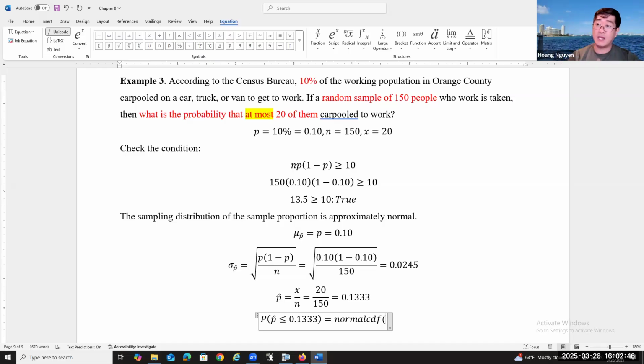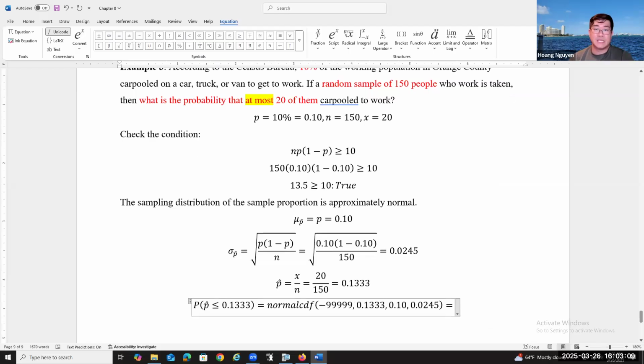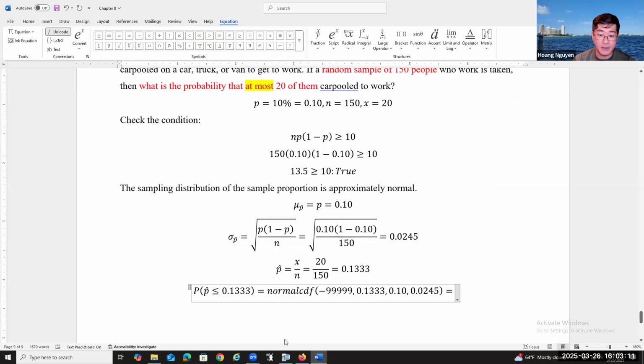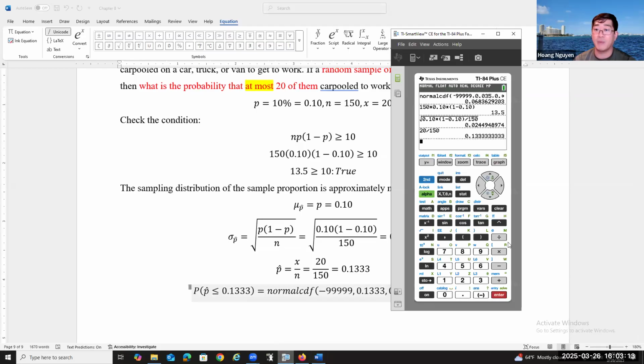Going forever to the left approaches negative infinity, so the lower bound is negative 99999. The upper bound is 0.1333, the mean is 0.10, and the standard deviation is 0.0245. That's the calculation that will help you find the probability.